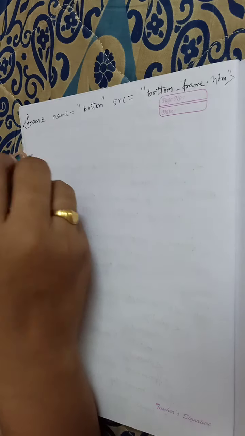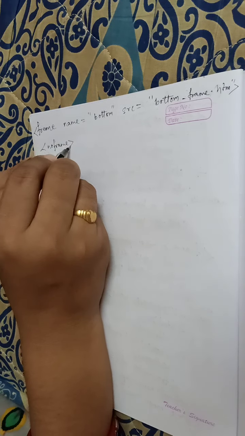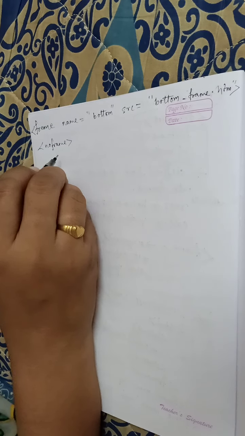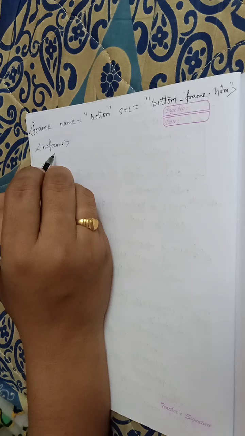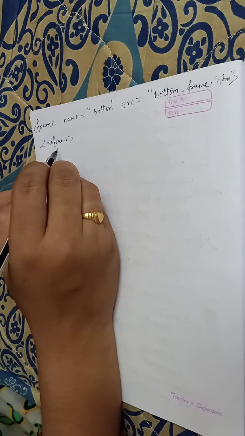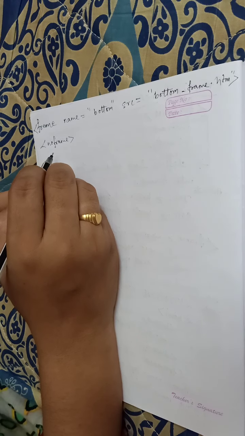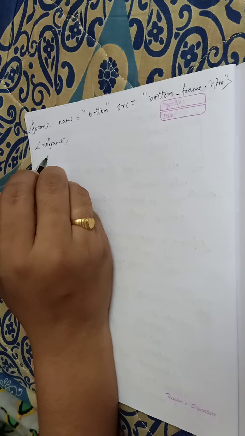Now there is another tag known as noframes. Why noframes? In the video element we have seen that we were writing a statement to be displayed for the browsers which do not support the video element.